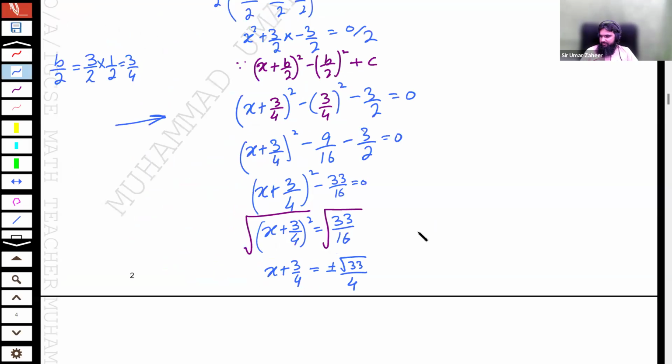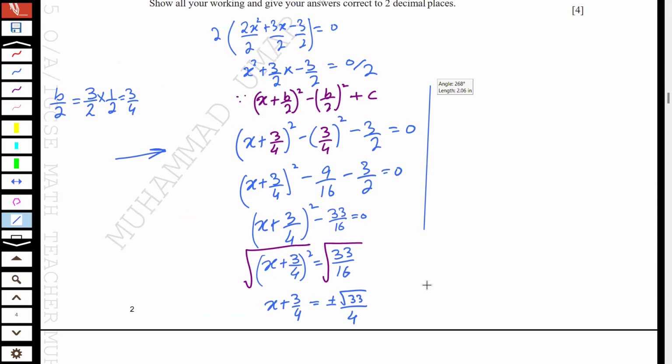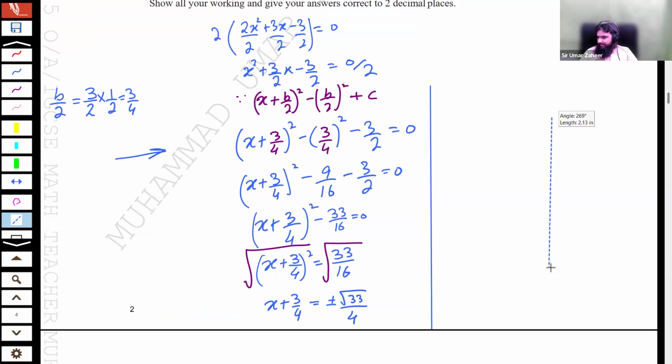Yes, everyone, any question? No, sir. All right. Now we have to separate the positive value and the negative value. With the positive value we get x is equal to square root 33 over 4 minus 3 over 4.